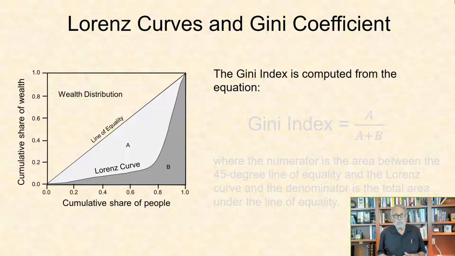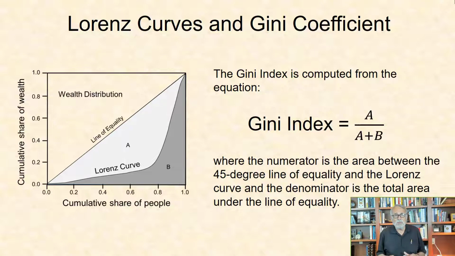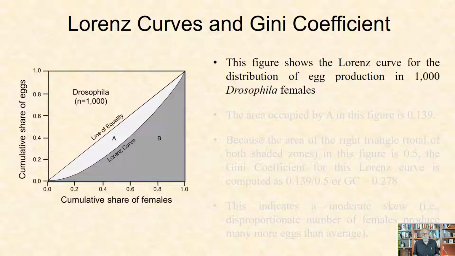The Gini index is computed from the equation A divided by A plus B, where the numerator is the area between the 45-degree line of equality and the Lorenz curve, and the denominator is the total area under the line of equality. This figure shows the Lorenz curve for the distribution of egg production in 1,000 Drosophila females.